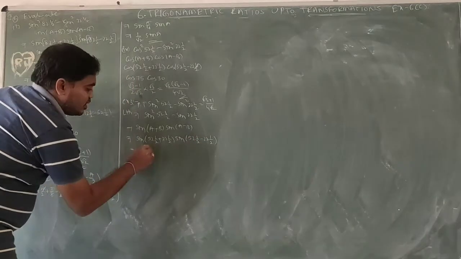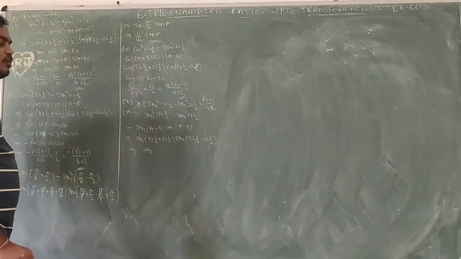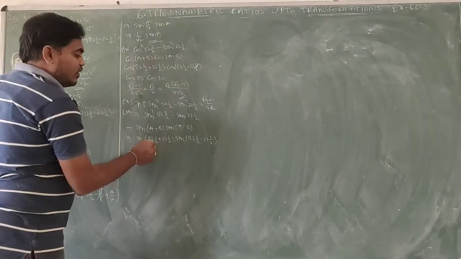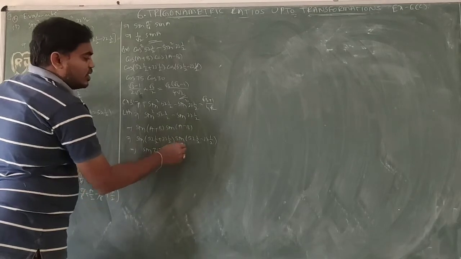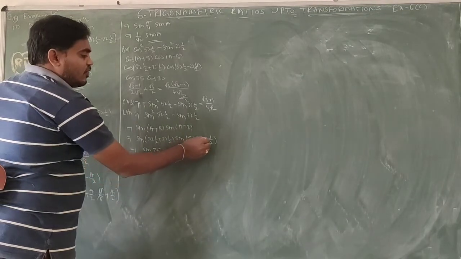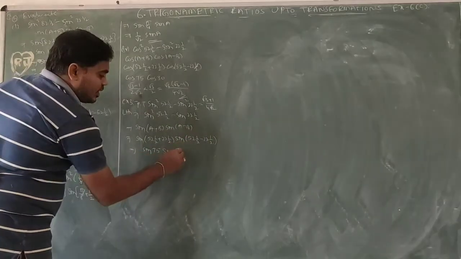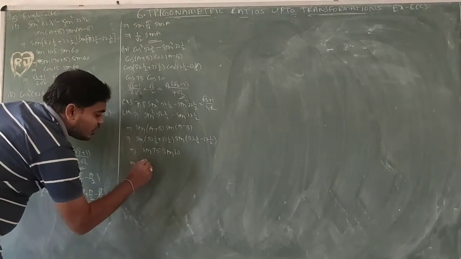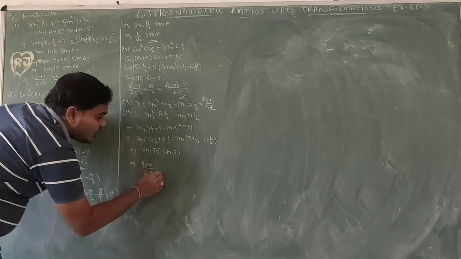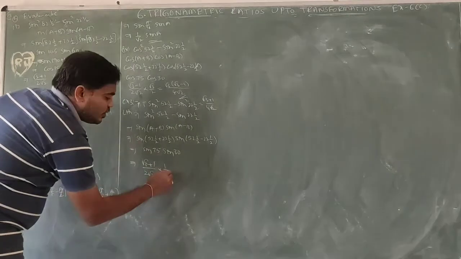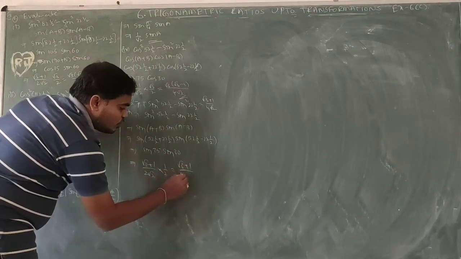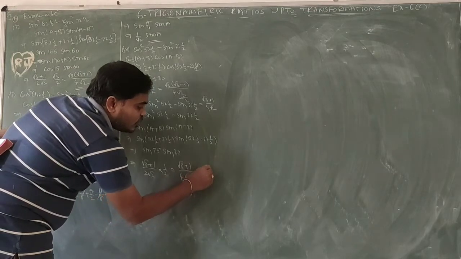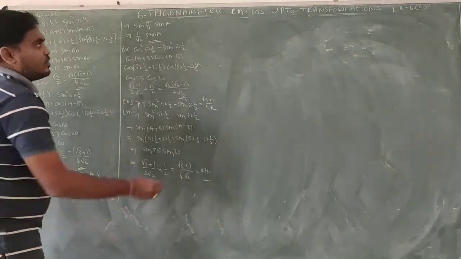So sin 52 plus 22, 74, half plus half 1, 74 plus 1, 75, into sin of 52 minus 22 half cancelled, 30. So sin 75 is root 3 plus 1 by 2 root 2 into sin 30, 1 by 2. So the numerator is root 3 plus 1, the denominator 2 into 2, 4 root 2. This is equal to the RHS.